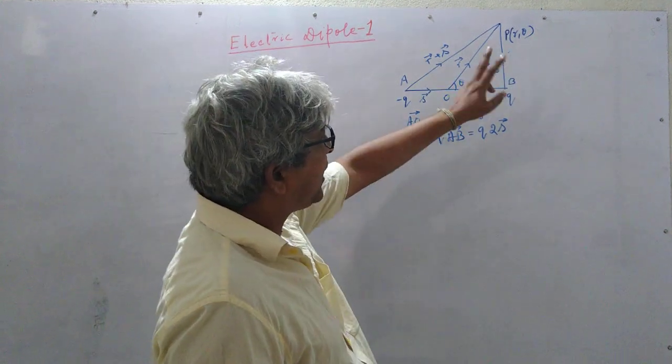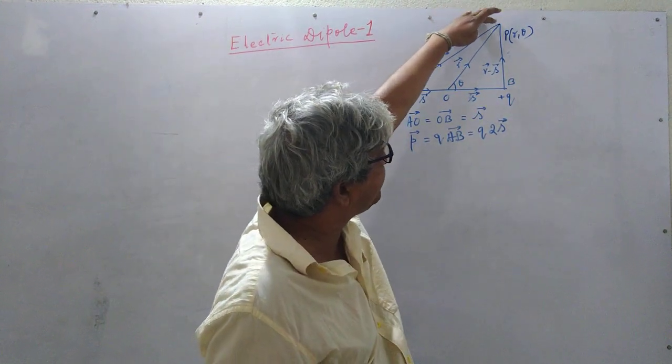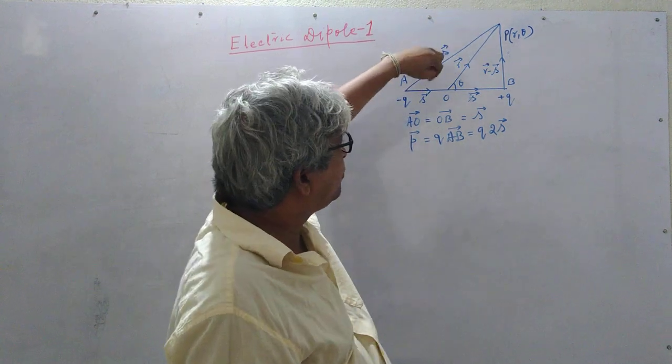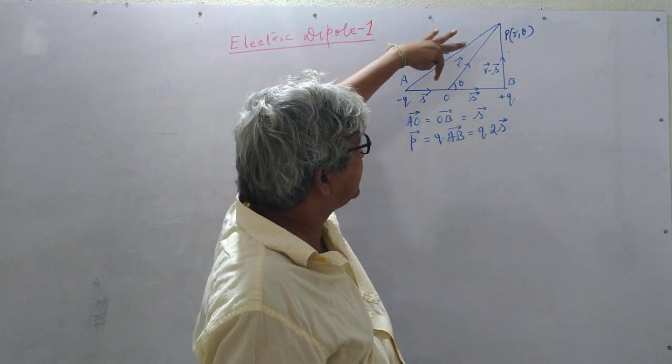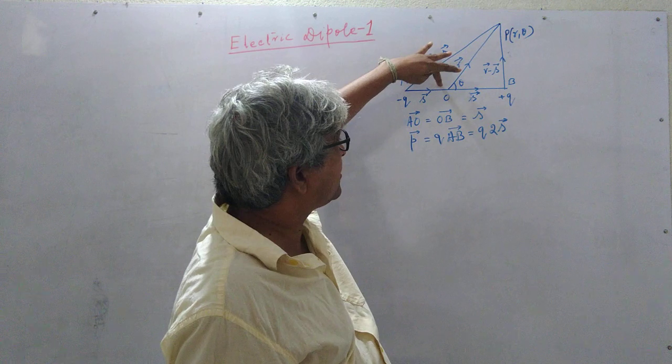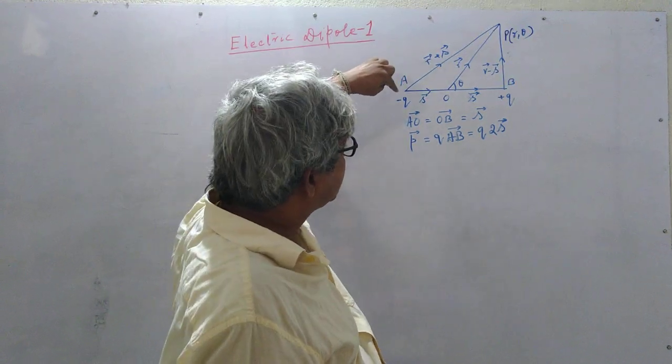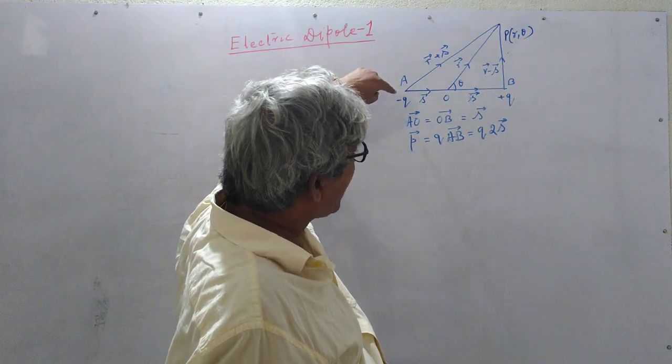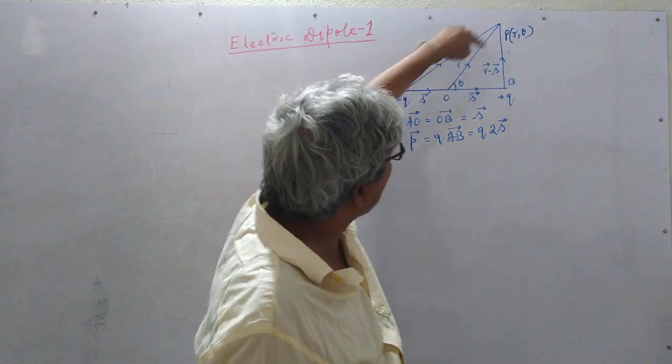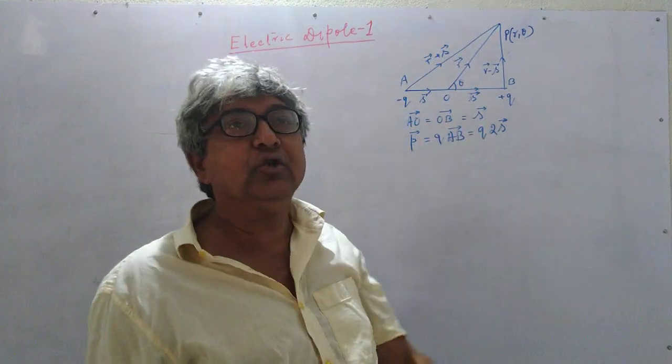Our objective is to find the potential and field at point P. The point P is at a distance r away from the center of the dipole. We consider the plane defined by AB and OP to lie in the z equals 0 plane.